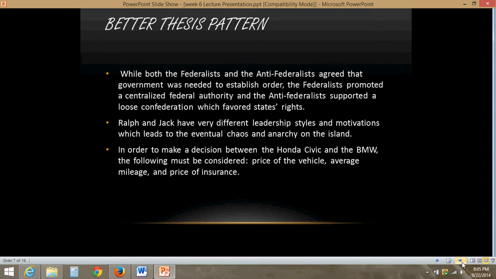The comparison purpose is to decide which vehicle to purchase. You can see that at the beginning of the thesis statement. So we have a clear purpose, we have clear topic, and we actually have some details in terms of how is this paper going to be organized. We're going to talk about price, average mileage, and insurance.